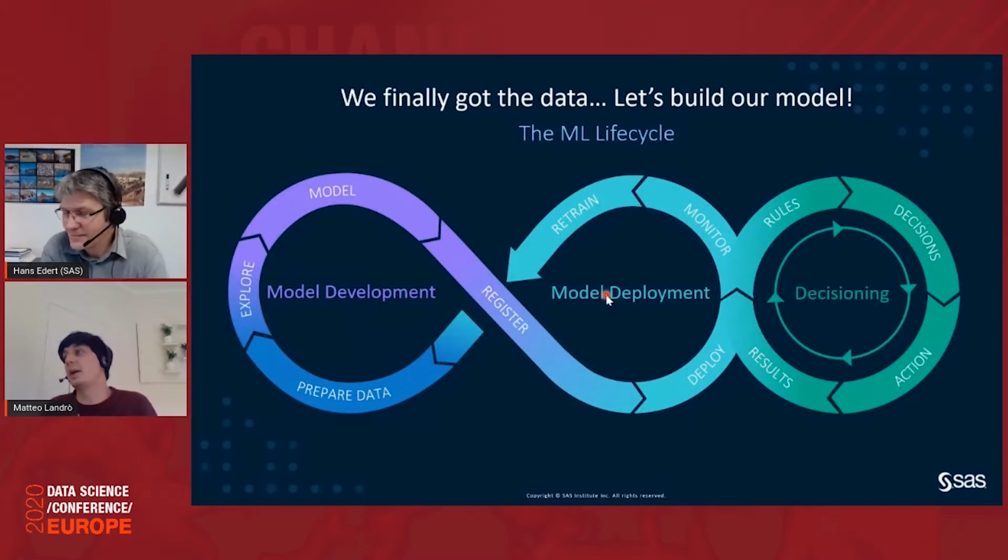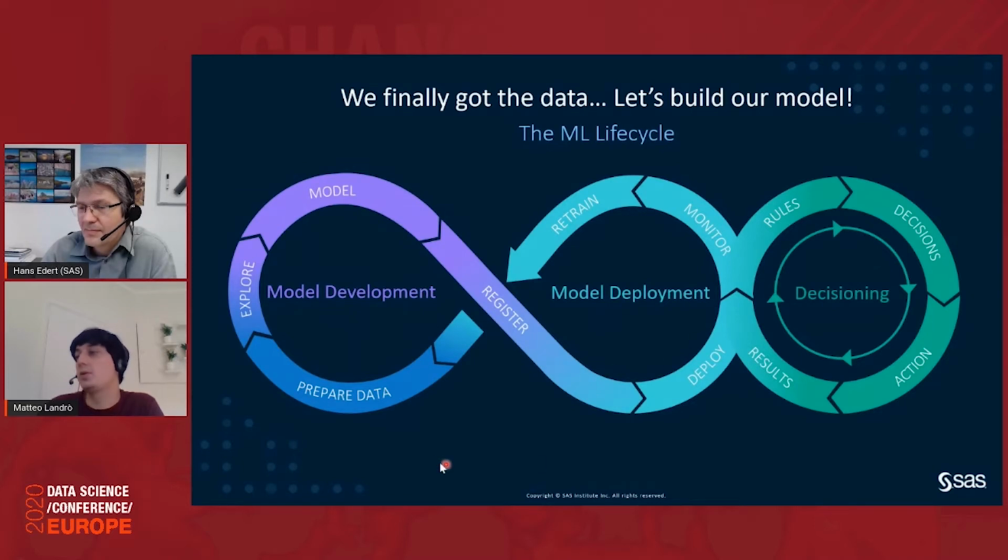Hans actually just mentioned the end-to-end life cycle, right? So what do we mean by that? Basically, when you build a model and you want to deploy your model, you have to follow some steps. We can consider three main phases in this life cycle. We have the model development phase, in which of course we take our data, we do some exploration, then we train the model. Then we go to the model deployment phase, in which we need to save our model, maybe in a model repository, and deploy the model.